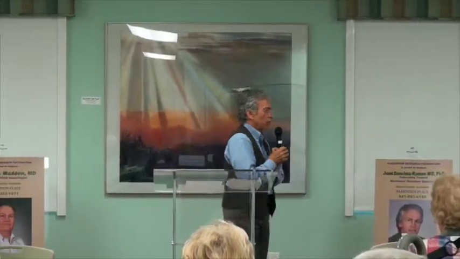But there's another system that's involved called the norepinephrine system. Norepinephrine is a cousin of adrenaline. And adrenaline, you know, is released when you're suddenly frightened or ready to fight, in a dangerous situation.